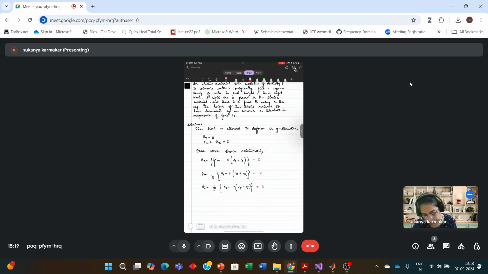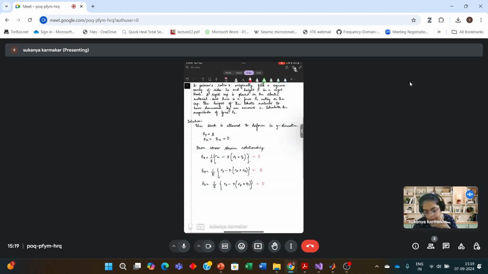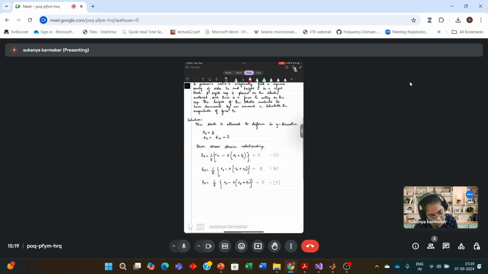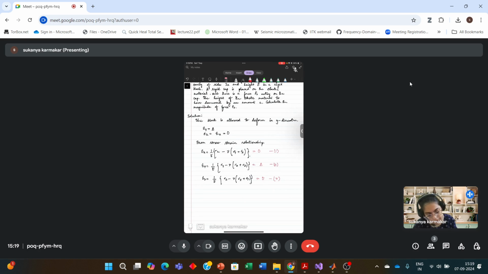Now we can simplify these, right? Let's take this to be equation 1, this to be equation 2, and this to be equation 3. Let's equate equation 1 and 3.